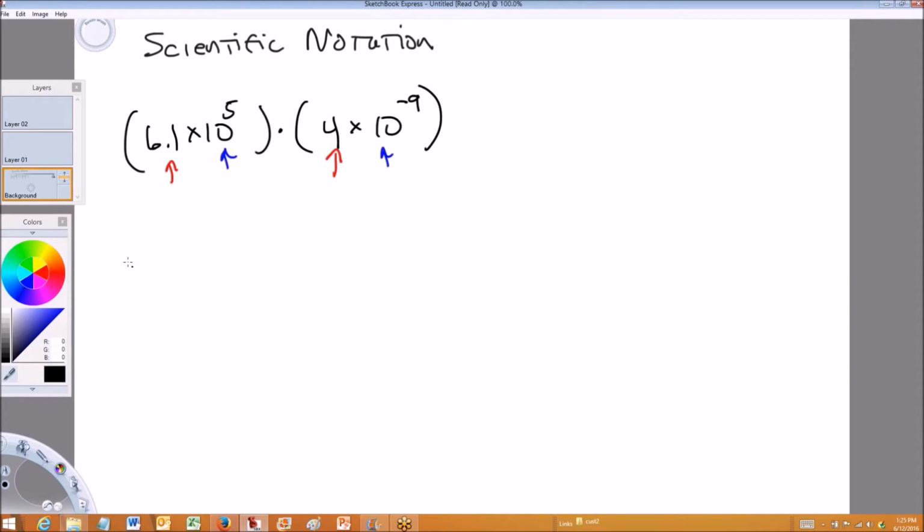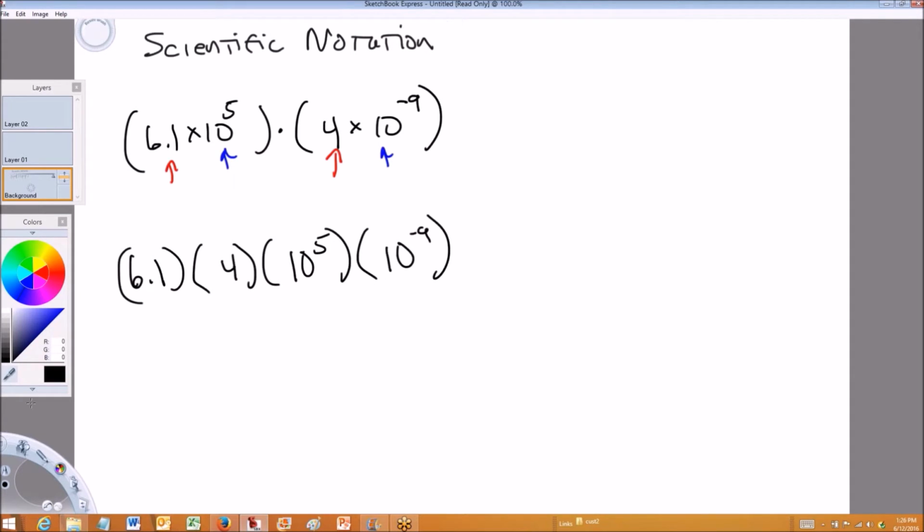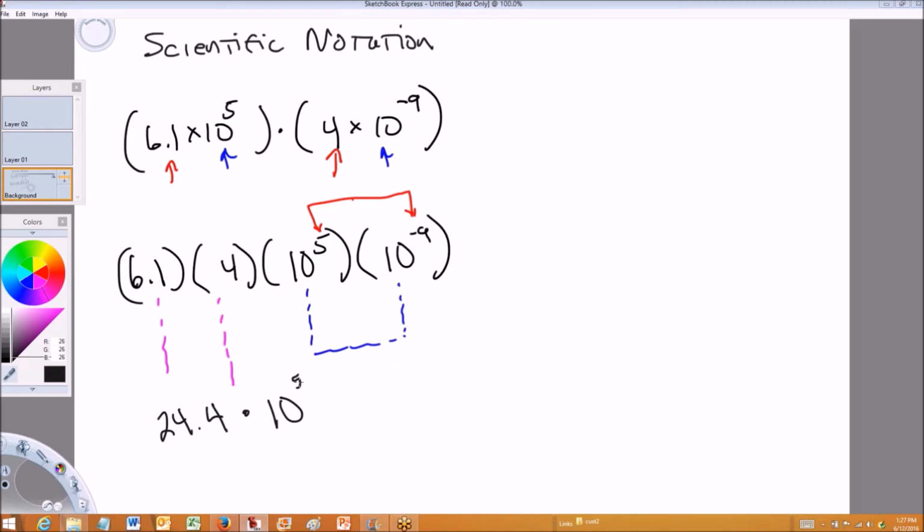So we can rewrite this whole expression. And remember, when we have the same base number as we do here, the law with exponents is that these are added. 4 is, if you punch that into your calculator, 24.4 times 10 to the 5th power minus the 9th power.